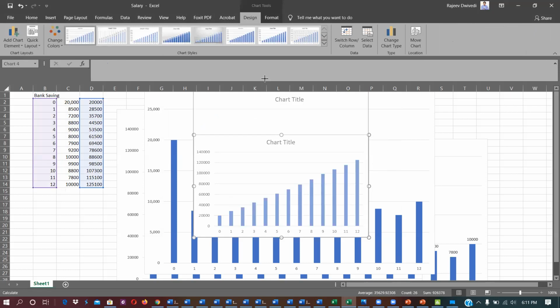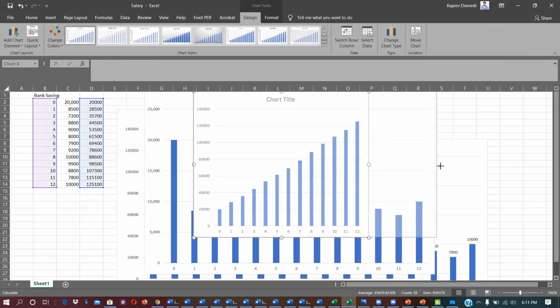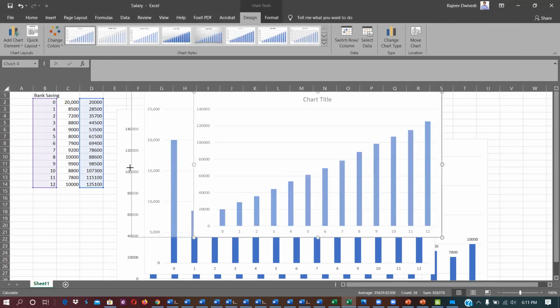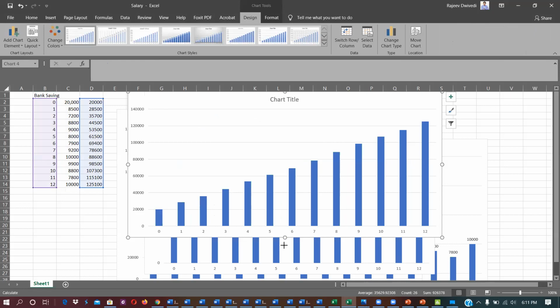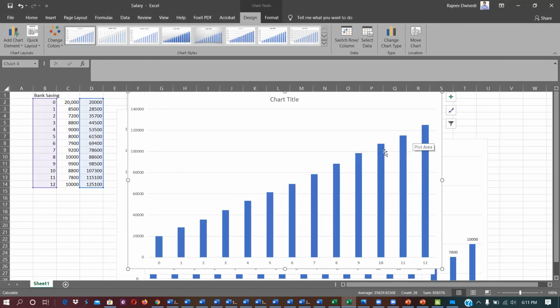This is called the cumulative distribution function, CDF, because it starts from 20,000 and accumulates all the way to $125,100.